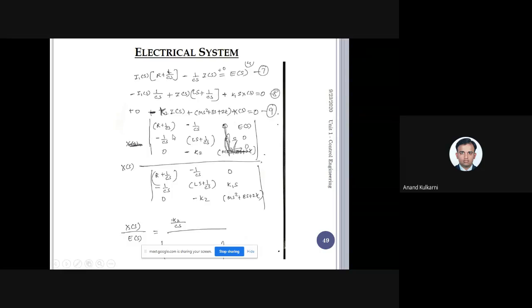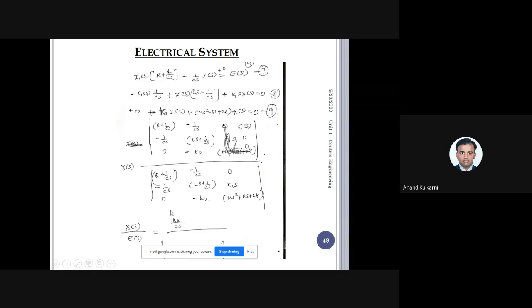I hope you know this. If I want this to be multiplied, I have to leave this row and this column and take the other row and cross multiply that. Yes sir, this is for a 3 into 3 matrix. So this into this minus of minus plus, this into this 0. I have written. Only what remains is E of S multiplied by K2 into C of S.